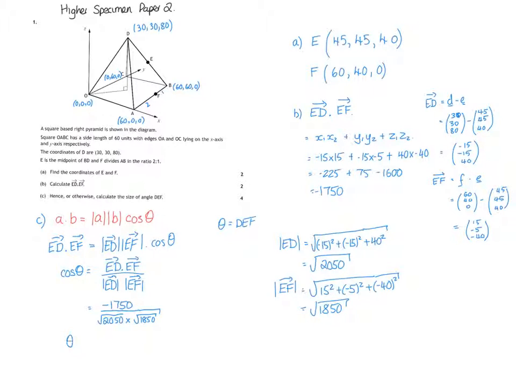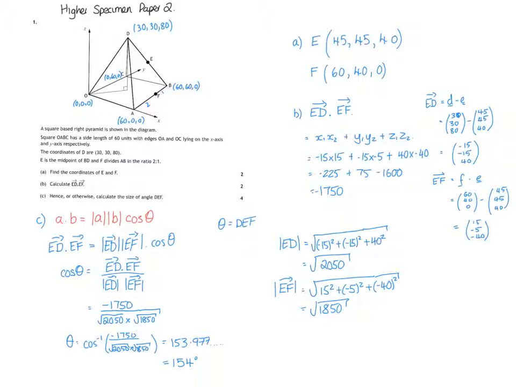So theta equals cos to the minus 1 of all of this, the negative 1750 over the square root of 2050 times by the square root of 1850, which gives us an answer of 153.977, and that keeps going, and then we can round that and get 154 degrees.